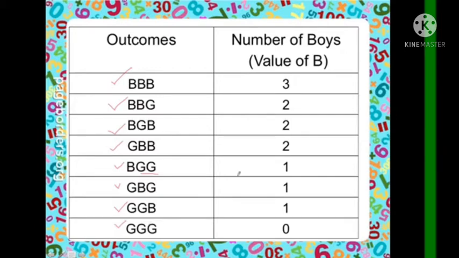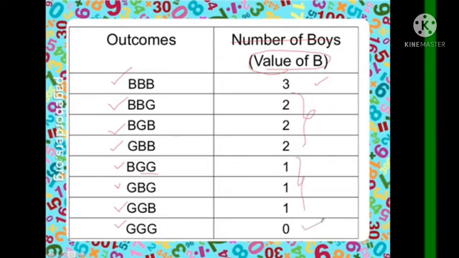So ngayon, isusulat natin yung number of boys since we are talking about the value of B. Okay? So dito, 3 meron tayo. Dito, 2, 2, 2, 1, 1, 1, 0. So we have 3, then we have 2, and we have 1, and we have 0.